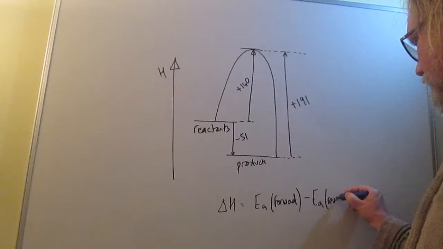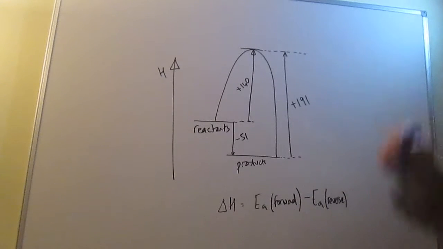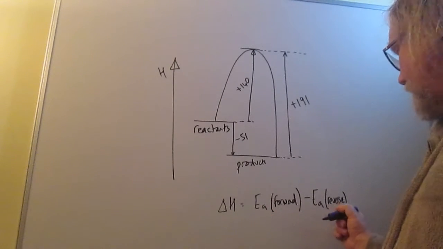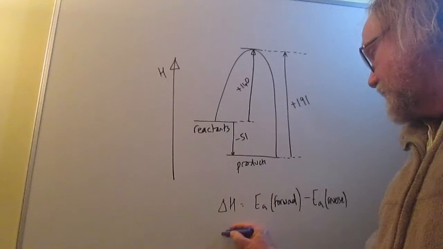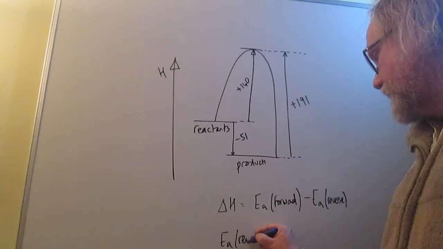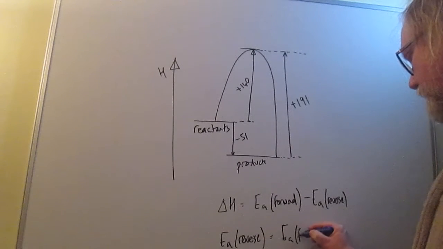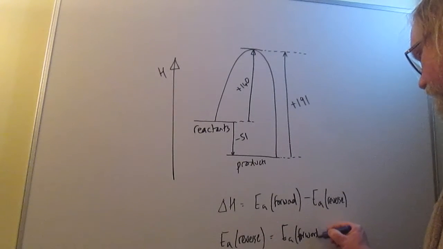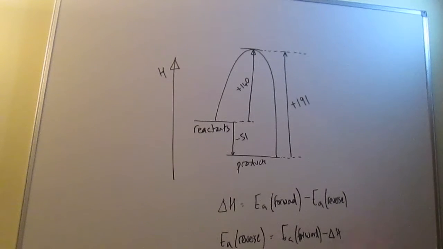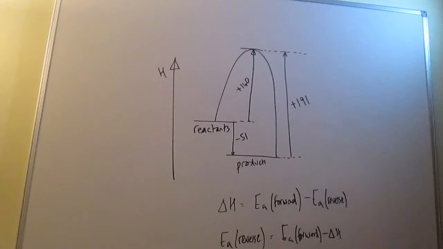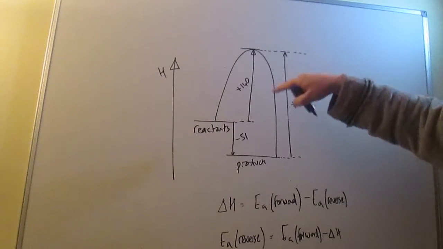And you can see how that works in the context of the diagram, but if you just want to memorize the formula, you can see that will also give you the right number, because if we rearrange that, we get that the activation energy for the reverse reaction is equal to the forward one minus delta H. So that's, sorry, try that one again.